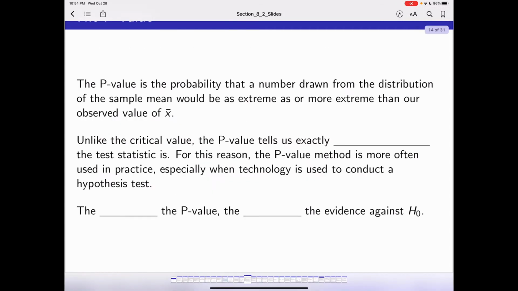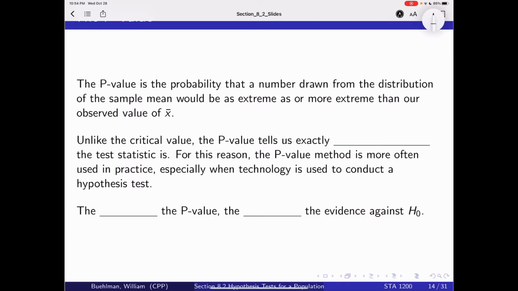The p-value is the probability that a number drawn from the distribution of the sample mean would be as extreme as or more extreme than our observed value of x bar, the sample mean. Unlike the critical value, the p-value tells us exactly how unusual the test statistic is.